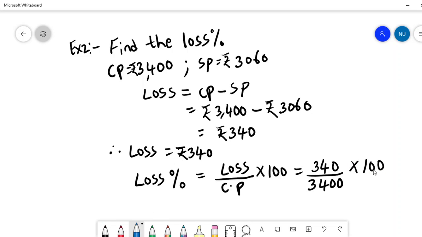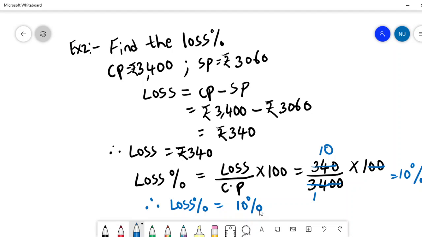Let us cancel. Two zeros in numerator and denominator get cancelled, and 34 ones are 34, 34 tens are 340. So here the loss percentage is 10%. So you can write, therefore, loss percentage is equal to 10%.